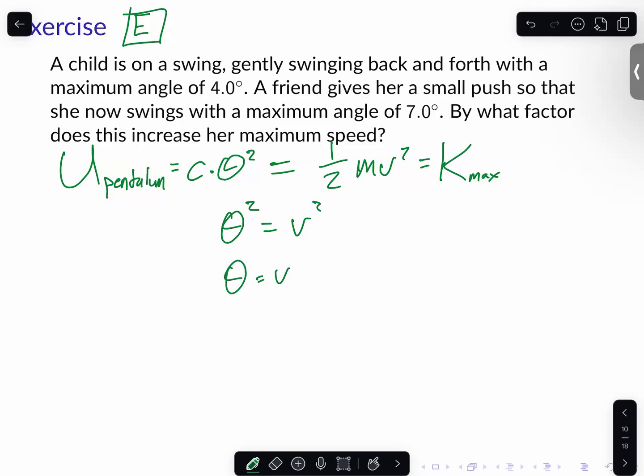Now, if I put the constants back in, theta equals the root of M over 2C or something, ew, gross. If I take ratios, the constant drops. So what I could say is the ratio of theta 2 over theta 1, the ratio of V2 over V1, is the factor of the speed. 7/4.